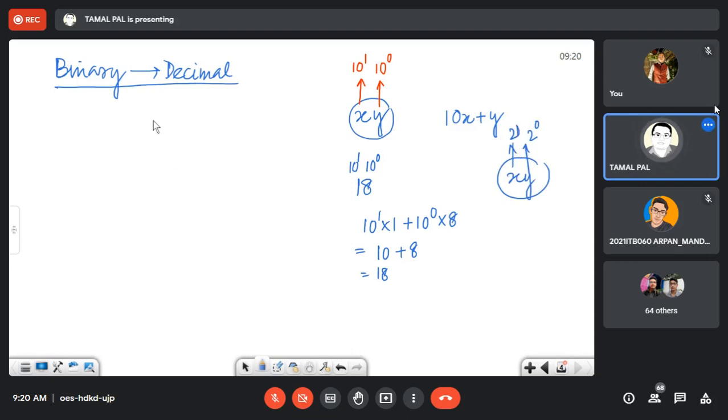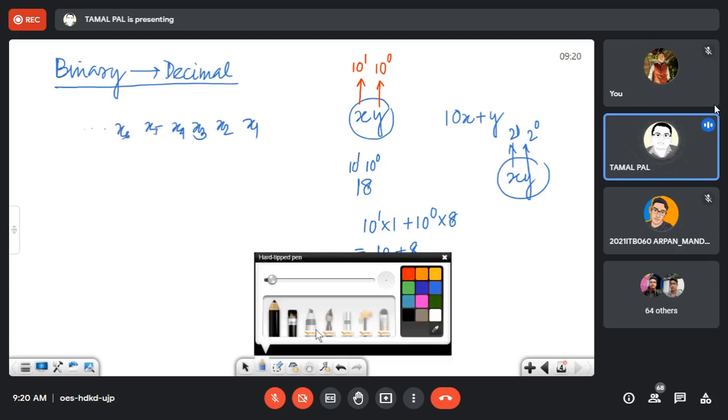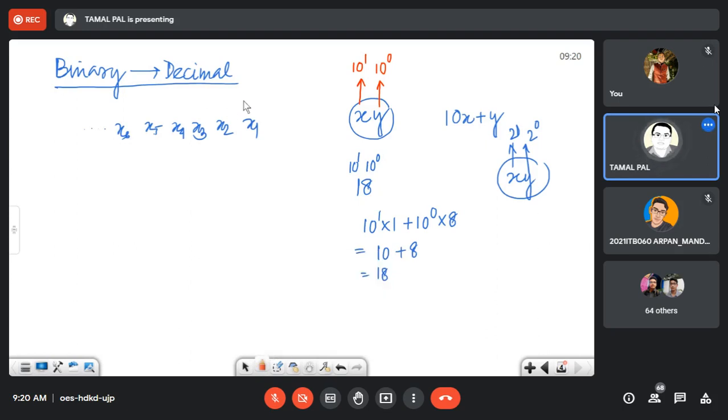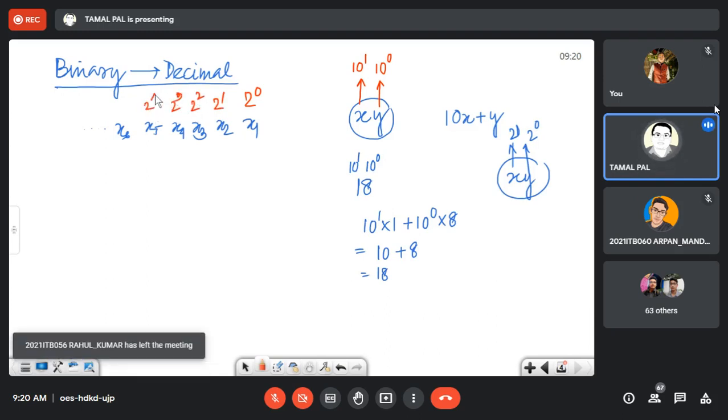And not only that, if digits are like x1, write it from the backward, x1, x2, x3, x4, x5, x6 like this, then its weightages will be 2 to the power 0, 2 to the power 1, 2 to the power 2, 2 to the power 3, 2 to the power 4, 2 to the power 5. So in this way it will continue. It will be 2 to the power 6.